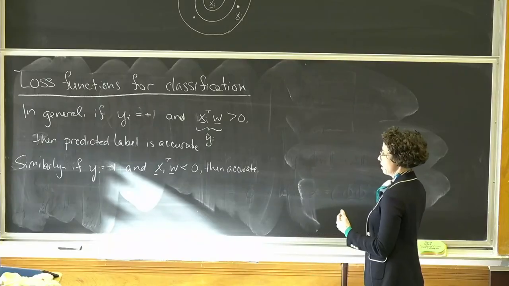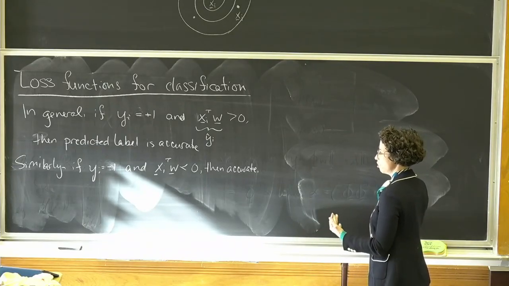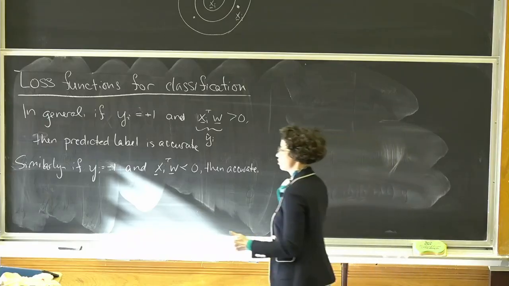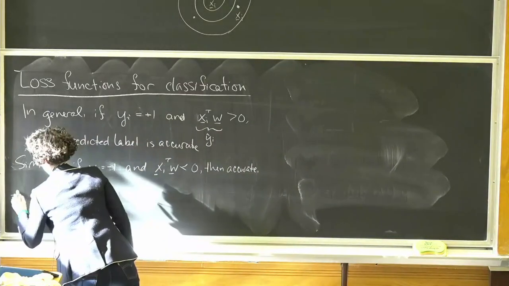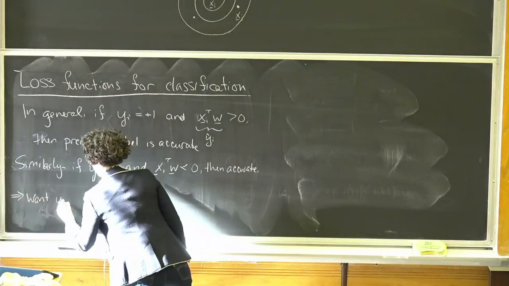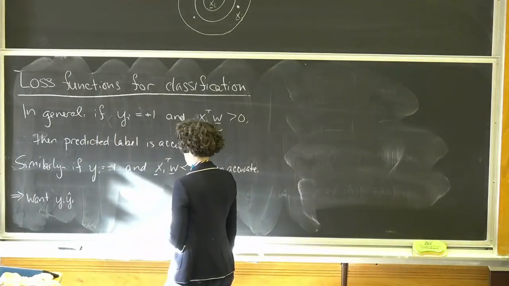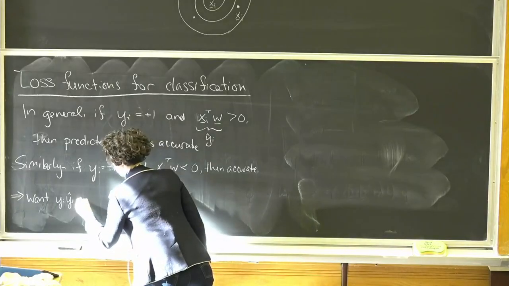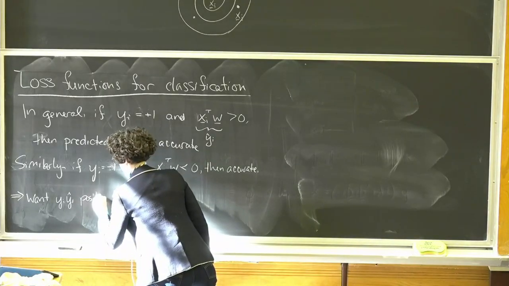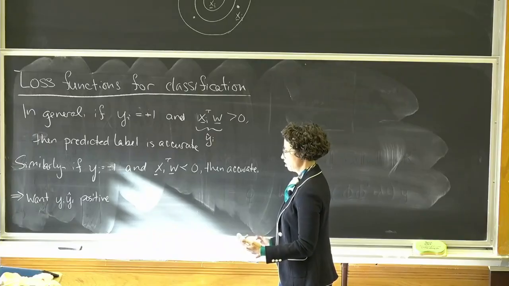Okay, so what we care about in many settings is exactly this expression that showed up in our least squares expression. What we want is that yi and yi hat, that product, to be positive. That's an indicator of correct classification.